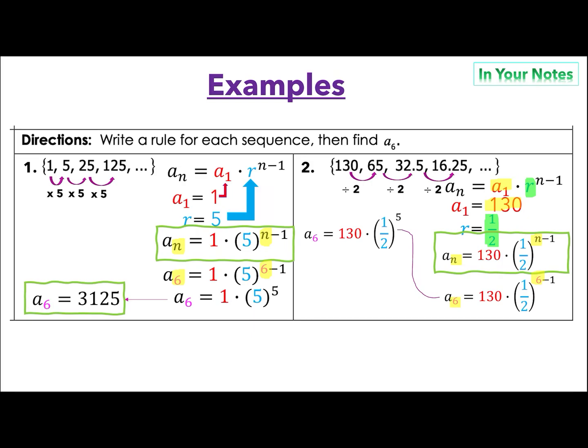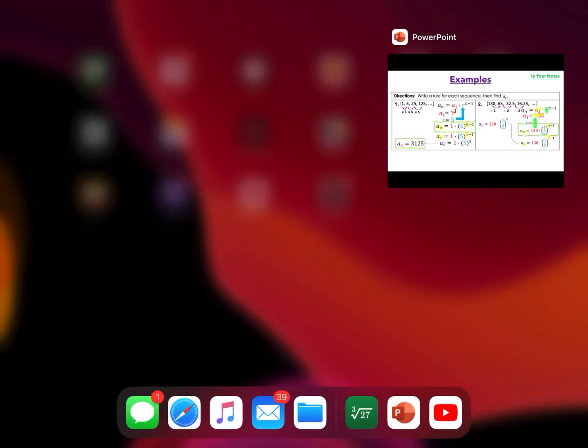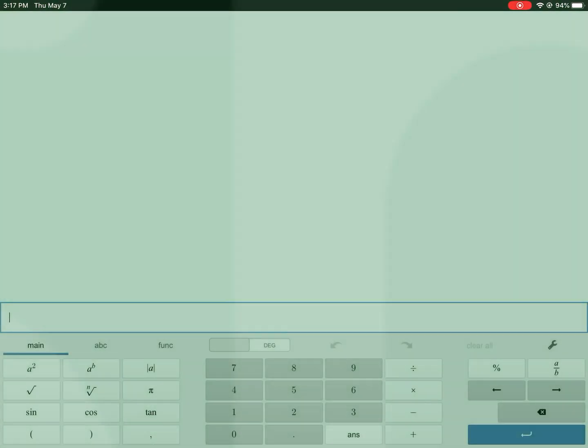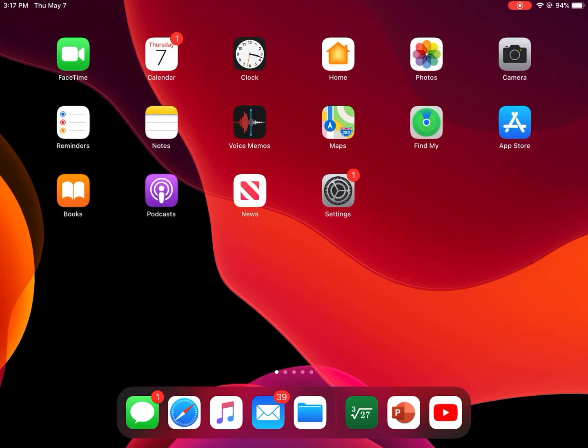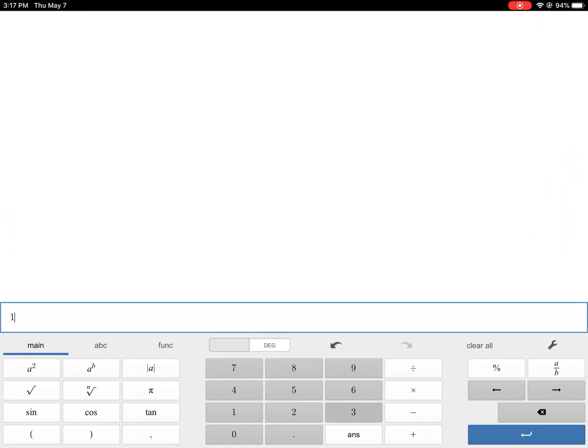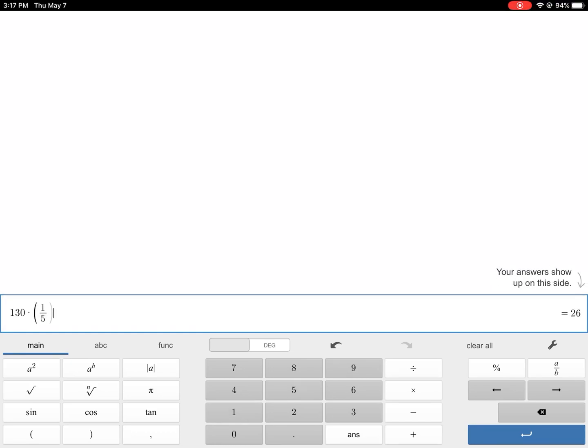Then I typed this right here into the calculator. Let me show you what it looks like to type it in the calculator. So make sure you use the Desmos scientific calculator. And it was 130 times 1/2 to the 5th power. So we're going to type in 130 times, parentheses, 1 divided by 2, close the parentheses, raised to the 5th power.